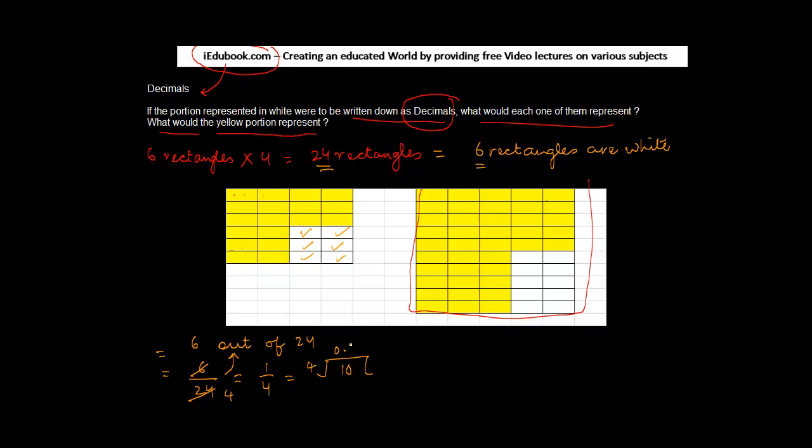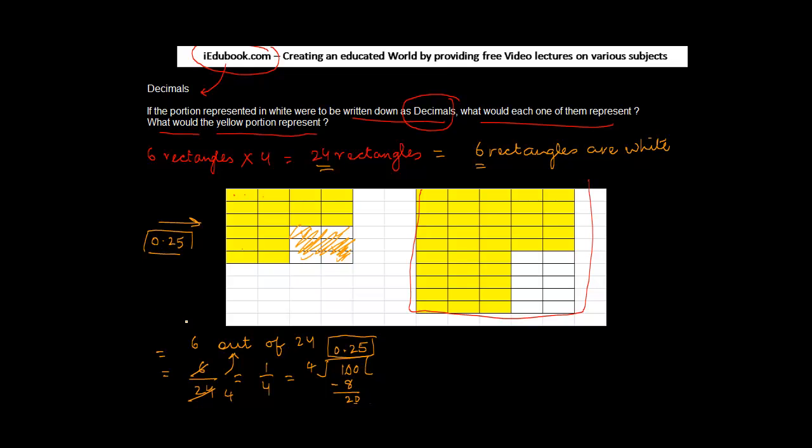We'll get a 0 here. 2 times gives us 8 minus 2. Again, we borrow another 0 here. 20. 4 times 5 is 20. So we'll get 0 here. So 0.25. So basically the white portion out here, if it has to be expressed in form of a decimal, is equal to 0.25.